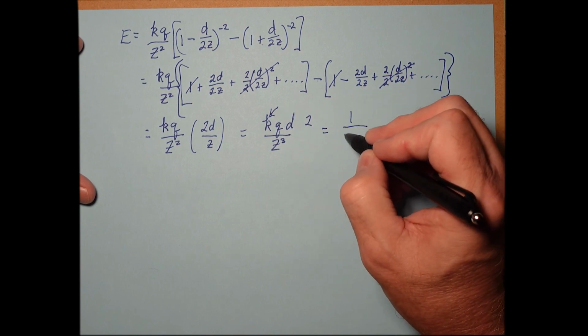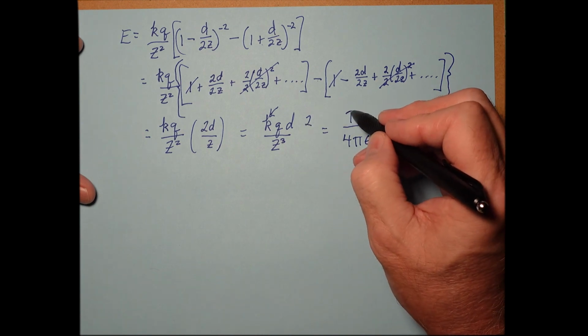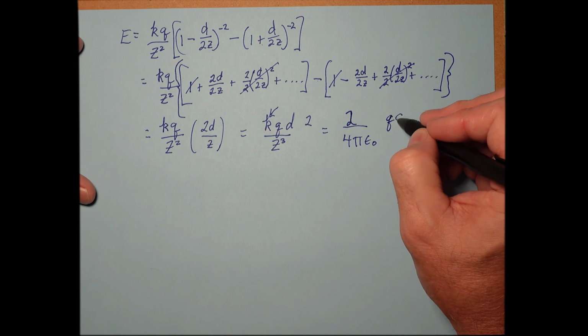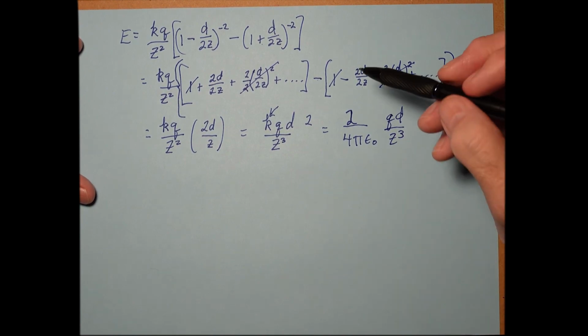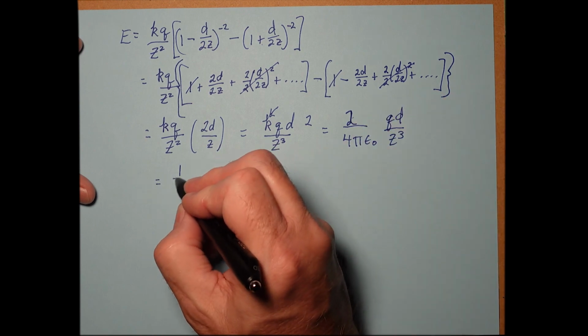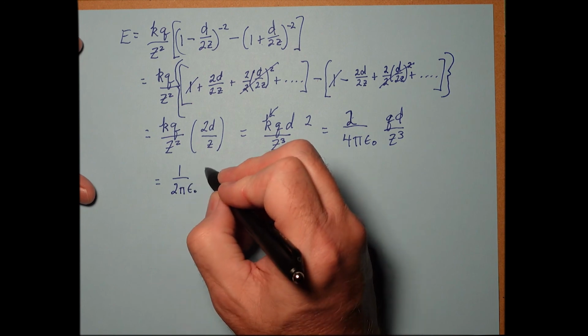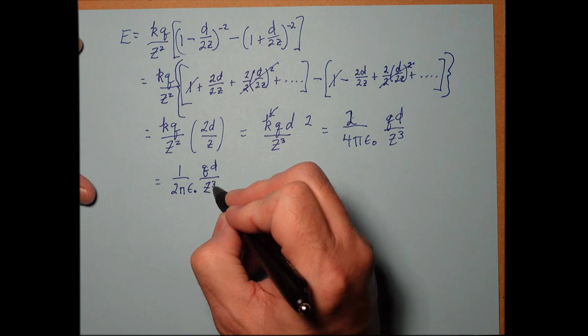K is 1 over 4 pi epsilon naught. And let's move the 2 out here. And now I've got Q D over Z cubed there. Well, let's go ahead and simplify this. This is going to be equal to 1 over 2 pi epsilon naught Q D over Z cubed.